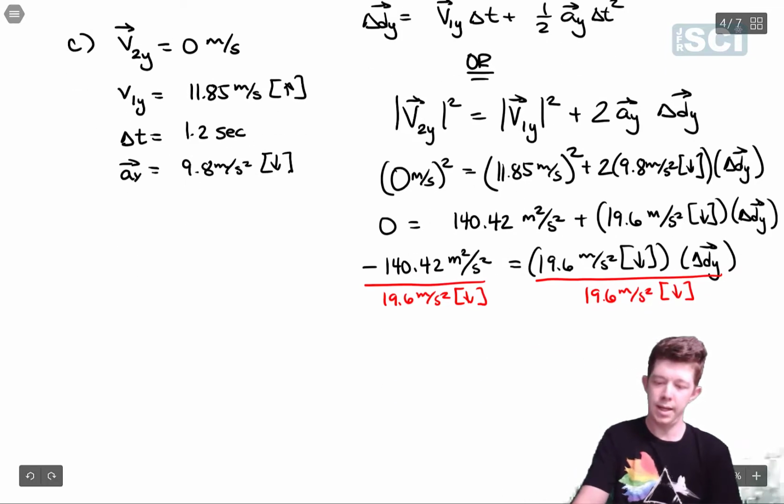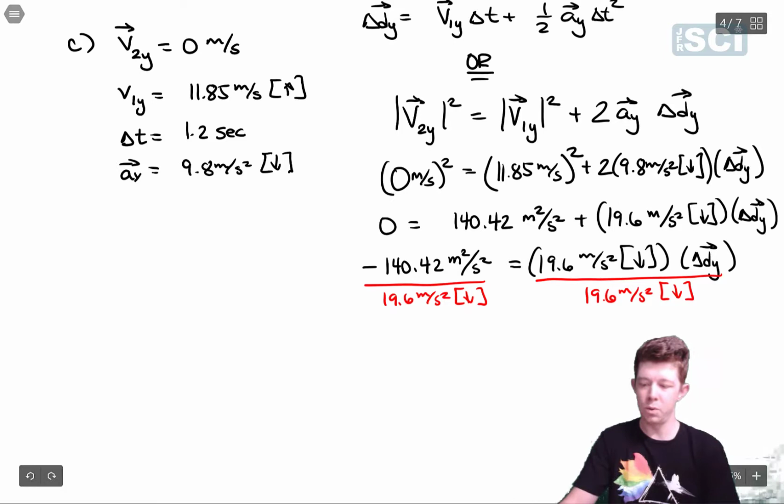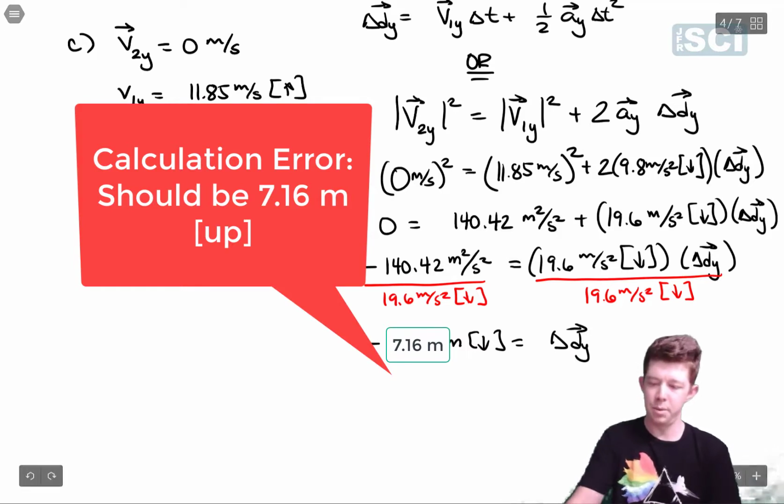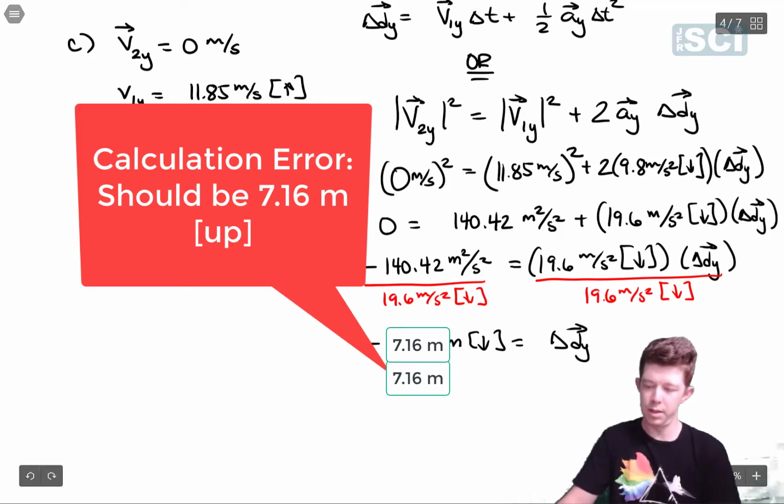And if I do that and work through the fact that downwards is a negative, I would get a negative 14.32 meters down as my delta d. But we know that negative down is up, so we got 14.32 meters upwards as my displacement in the y direction.